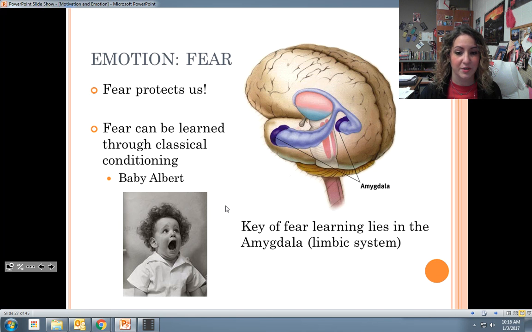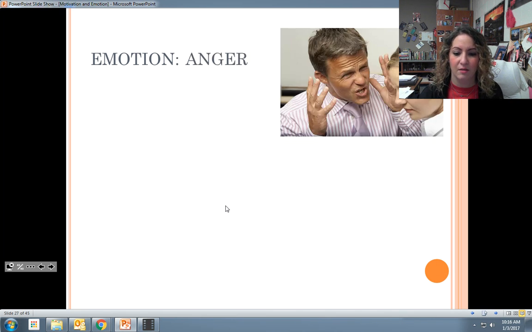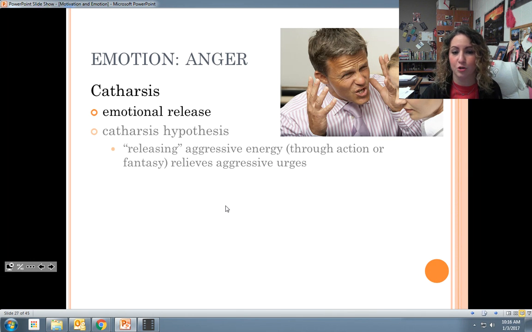Fear is good. Fear protects us. We talked about fear and learning fear with classical conditioning. Baby Albert and the metal rod and the rat. Anger is good. Emotional release of anger or of sadness really is called catharsis. And the catharsis hypothesis says releasing aggressive energy, punching a wall or something, through action or fantasy, releases aggressive urges.